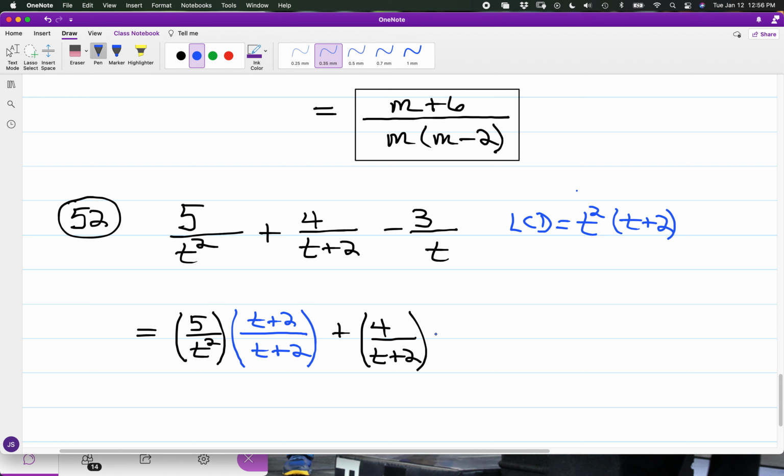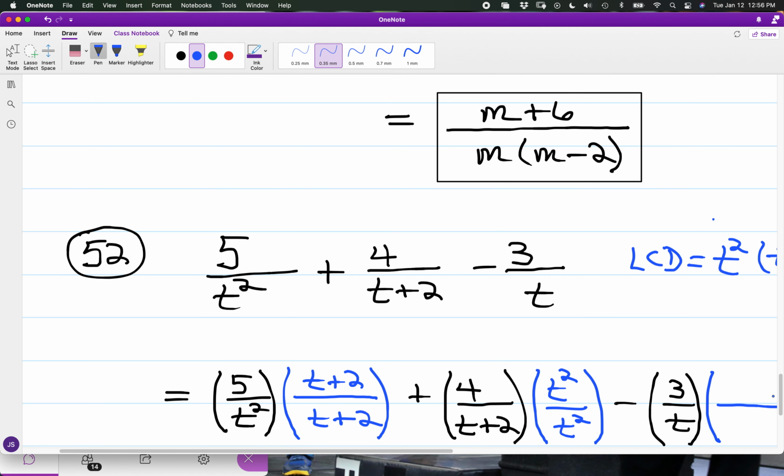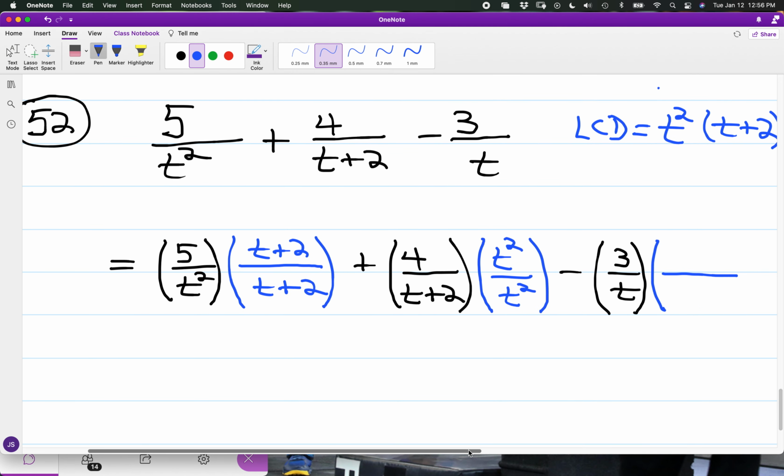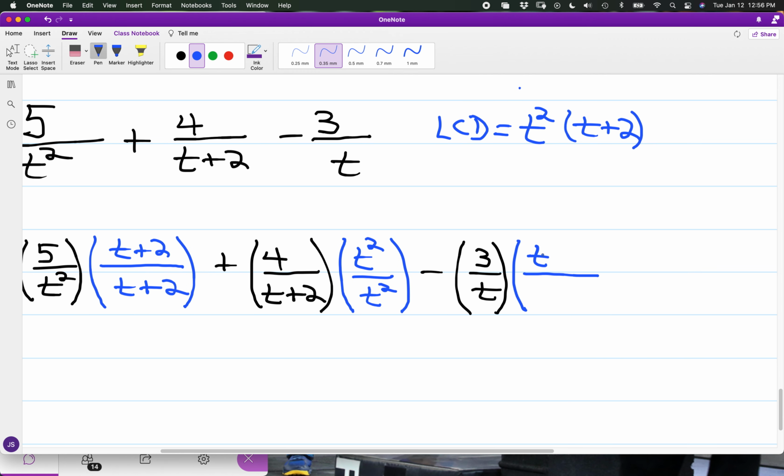Here I have the t plus 2 factor, but I need the t squared. And perhaps the trickiest adjustment is going to be with the last ratio. We have t, and comparing it to t squared and t plus 2, now t will go into t squared t times. So I'm missing 1 degree in t, but I'm also missing the entire binomial, t plus 2.